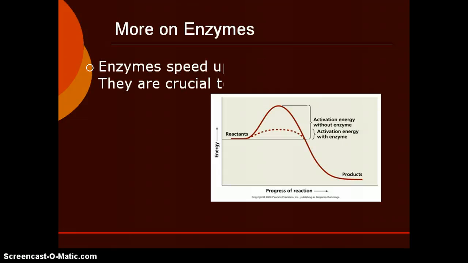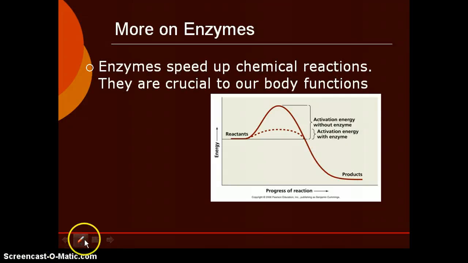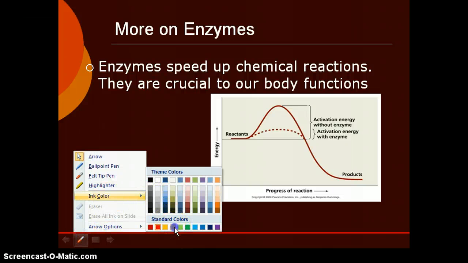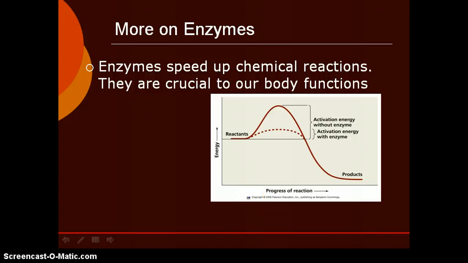So basically, enzymes just speed up the reaction. We must have them in our body. If we didn't have them, we would not have chemical reactions happening fast enough. And what it does is take the activation energy and it lowers the activation energy.